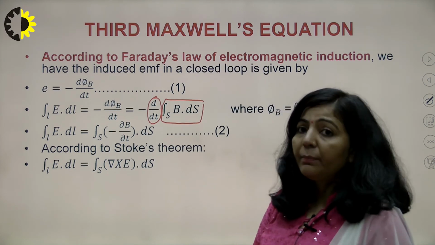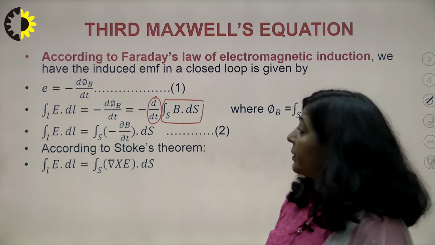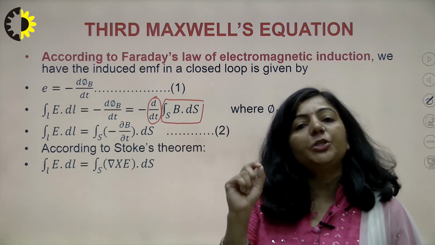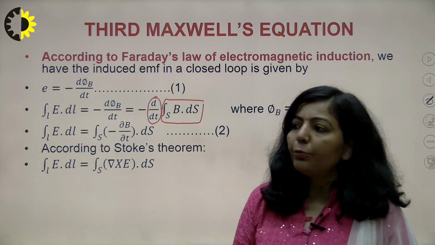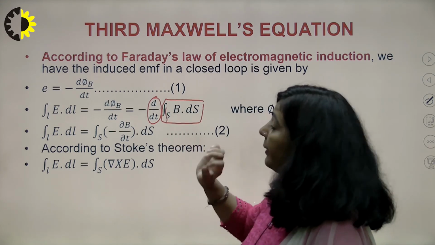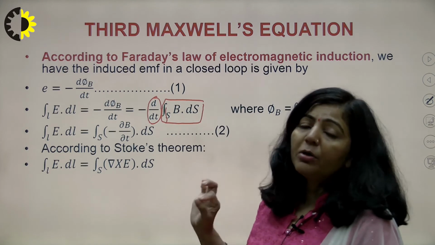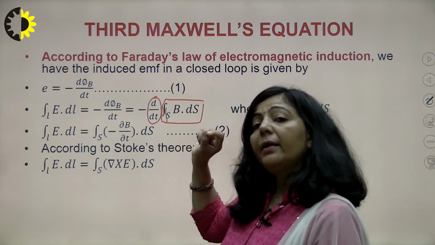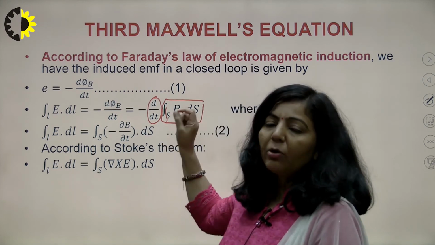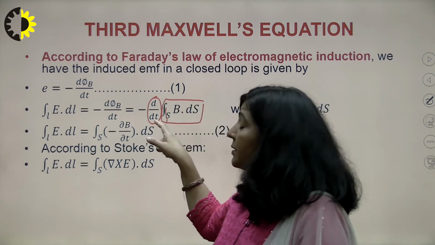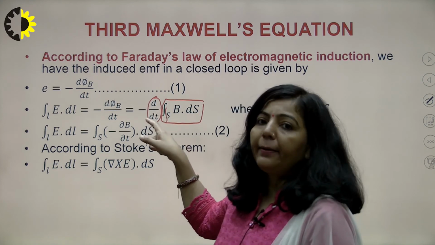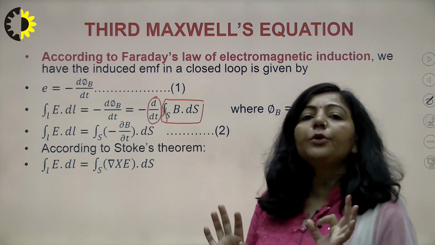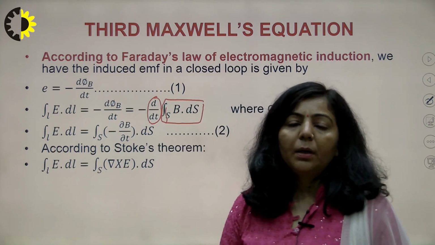Just try to understand the meaning of what I am explaining here. This d by dt is a differential operator, differentiation with respect to t, and this other operator is the integral, or surface integral, operator. It means you have two independent operators, right?